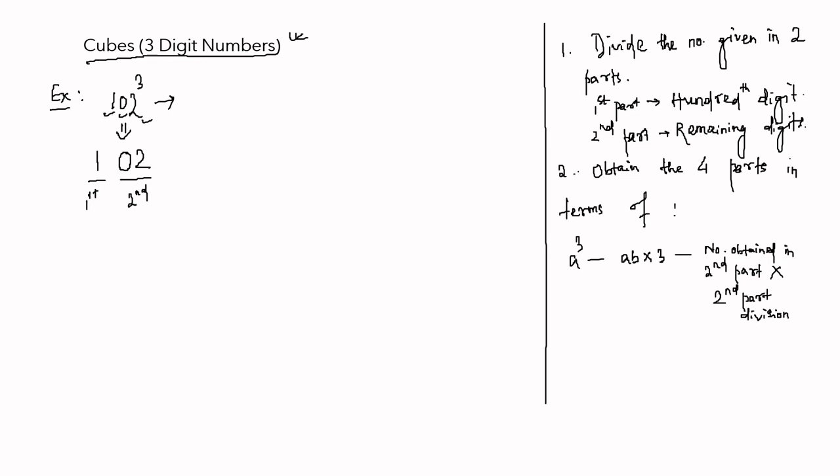Here it may seem a little confusing to you, but I'll explain it in the best possible way, do not worry. And the fourth and final part will be B cube.